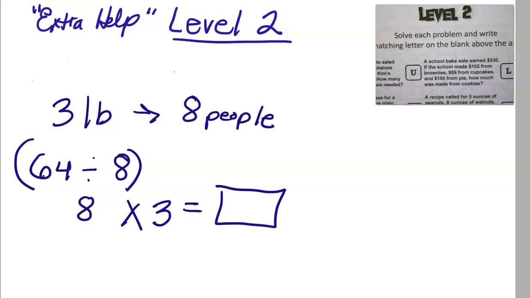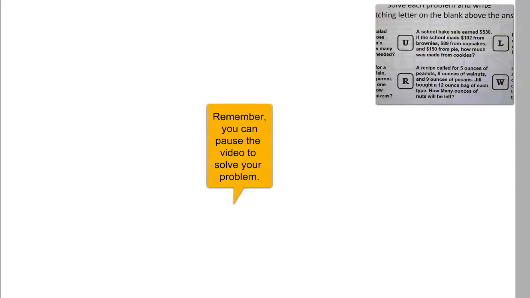Let's go to the next problem. Problem U. A school bake sale earned $530. If the school made $102 from brownies, $89 from cupcakes, and $150 from pie, how much was made from cookies? All right, so we can assume that they were selling brownies, cupcakes, pie, and cookies. We know how much 3 of those items added up to, and we know the total is 530.